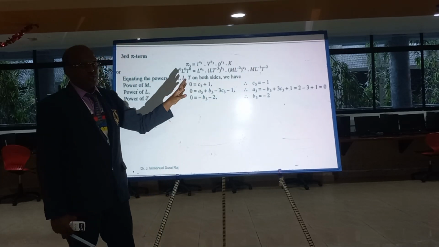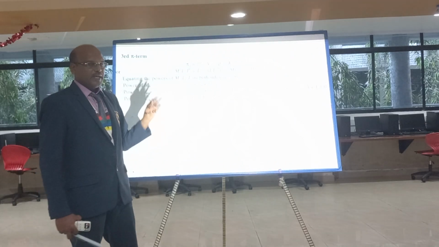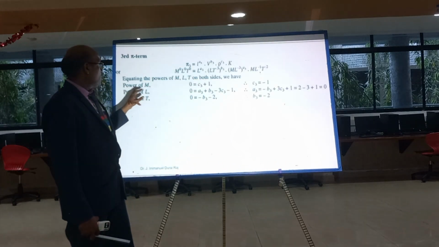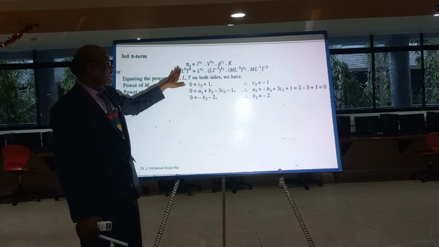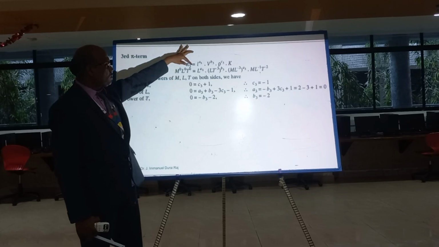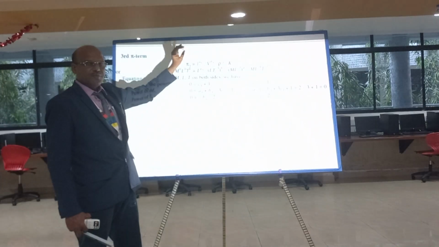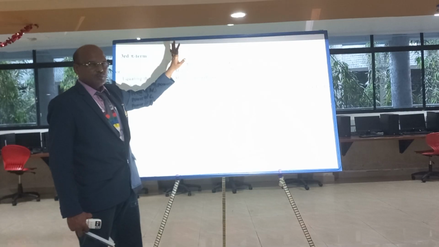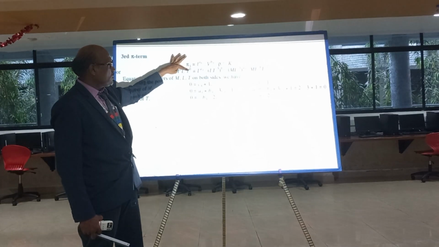Once again equate this term on the right hand side and left hand side, M L 0. First go with the M. Phi 3 is a dimensionless term, so we will take M 0 L 0 T 0.